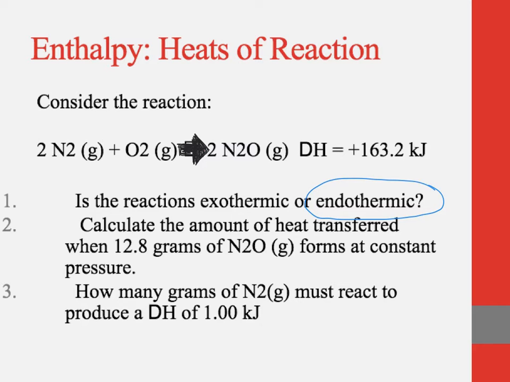So we're back to stoichiometry. Stoichiometry is the foundation of everything. That and knowing how to write compounds and how to write reactions and balance them. So I'm starting with 12.8 grams of N2O. And we know that 1 mole of anything is equal to the gram formula mass. In this case, 44 grams of N2O.